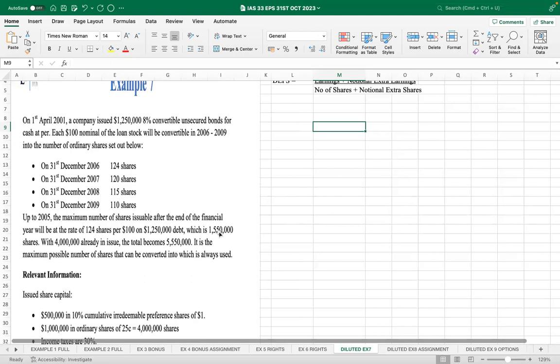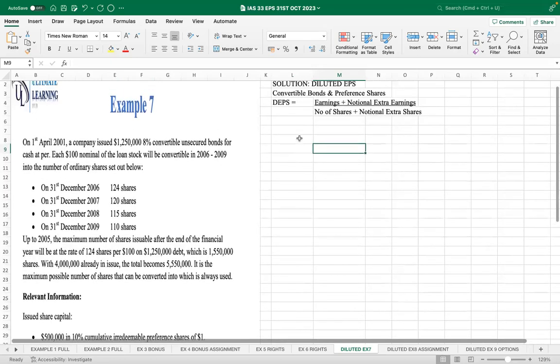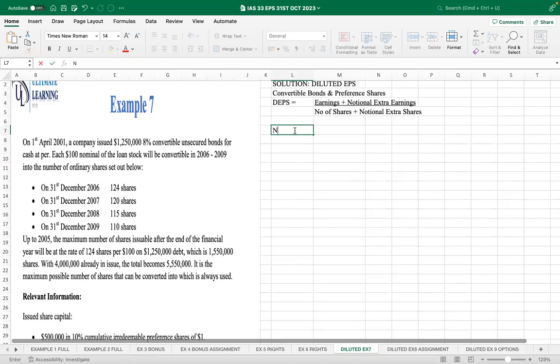If you have not been given the number of shares, we said you check the rate. We are being told that for every 100 bond, every 100 is converted into 124 shares.